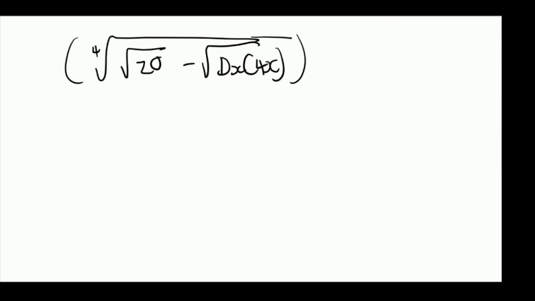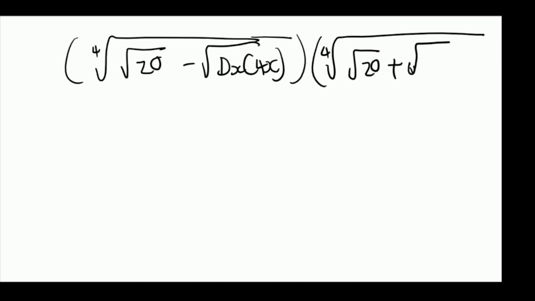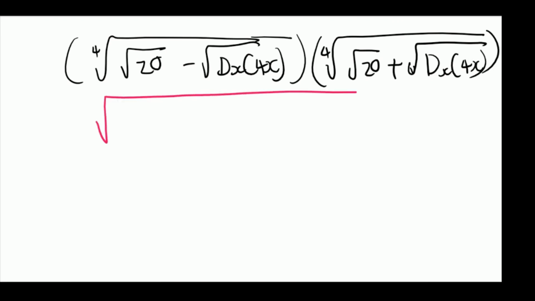And it multiplies the same expression, 4th root of square root of 20 plus square root of d of x of 4x. So what we're going to first do is, because it has the same 4th root, we're going to use one 4th root for the entire problem.